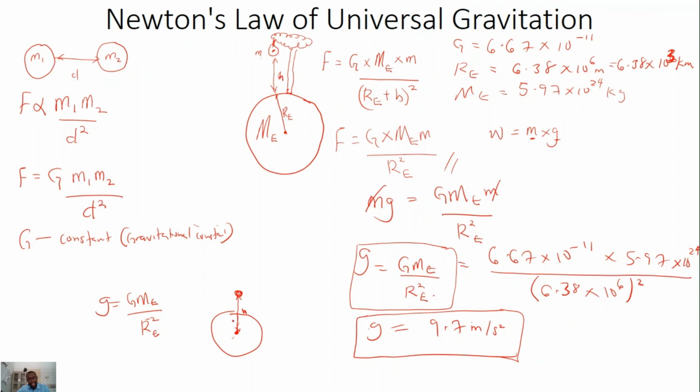As this distance increases, let's say the body is now at this level, the distance has increased, and therefore g will decrease. And from the expression, weight is equal to mg. As the acceleration due to gravity decreases, so also the weight decreases. Therefore, the weight of a body tends to decrease at higher altitude.